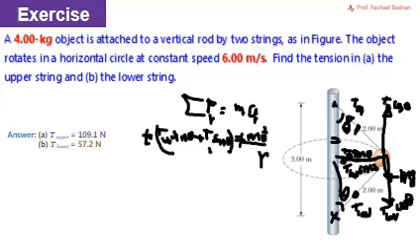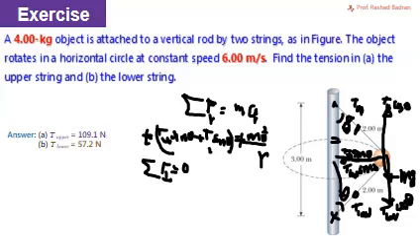So what we have here, T up and T low, and we have another equation here, T cosine theta for the perpendicular one. The resultant of the perpendicular forces equals 0.